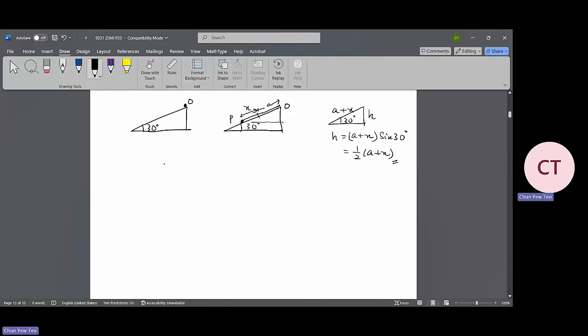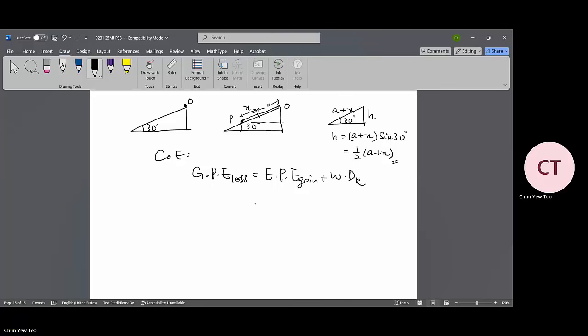Now we can directly do the conservation of energy, COE. So it will be the GPE loss is equal to the EPE gain plus the work done by the resistance.